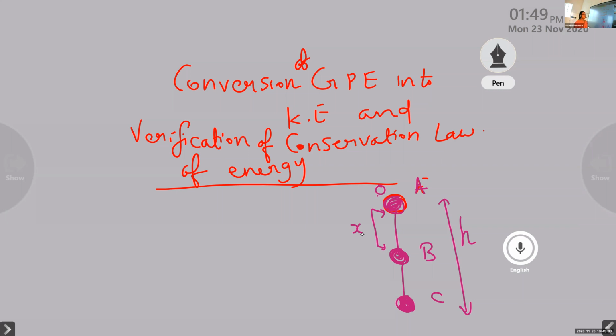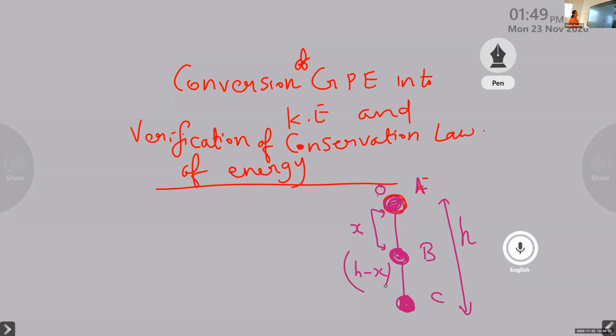Can you tell me? If A to B is X and total height AC is equal to H, what will be BC? H minus X. Yes, H minus X, correct. So we have all the inputs to prove how GPE converts, or the conservation law of energy.